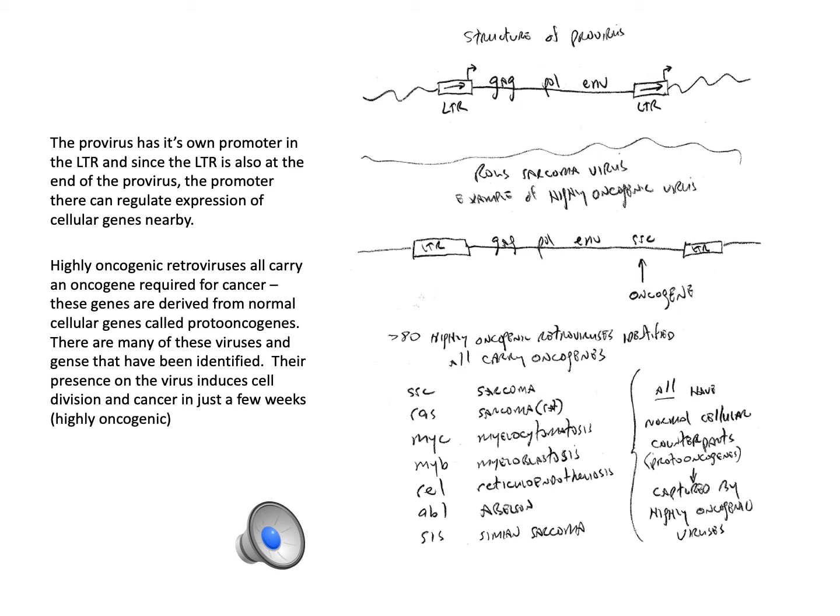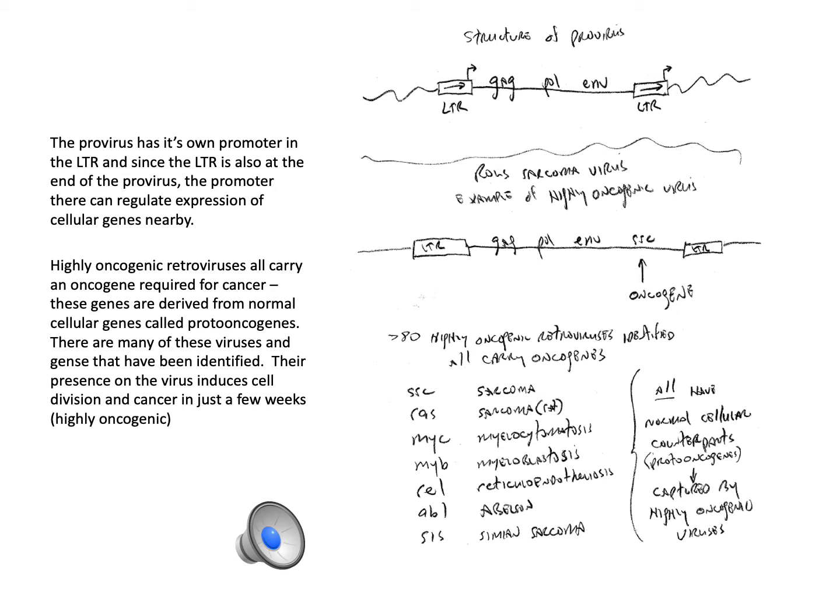MYB is one that causes a disease called myeloblastosis, which is kind of like a leukemia in birds and also in mice. REL is an oncogene also associated with a highly oncogenic retrovirus. It causes what's called reticuloendotheliosis, which is similar to a lymphoma in birds.